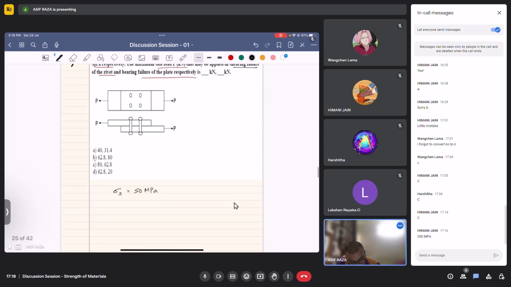So the area involved in shearing, this is a rivet, right? In shear, this section is involved, pi by 4 d square, the cross section of the rivet itself. Okay, and since there are 4 rivets, we will multiply with 4.